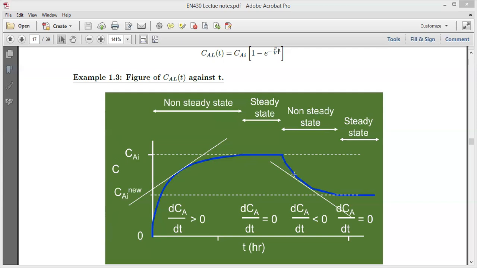It's dropping till we achieve a new concentration in the reactor. Then again, we become stable. What do you think could have happened here? Could there be some production within the system, some reaction happening, then something else is produced, which leads to lowering the concentration of salt over time?